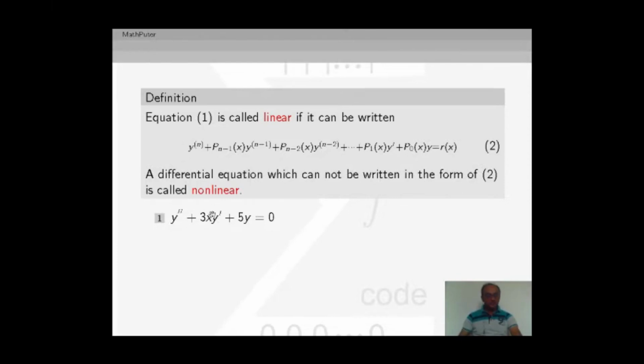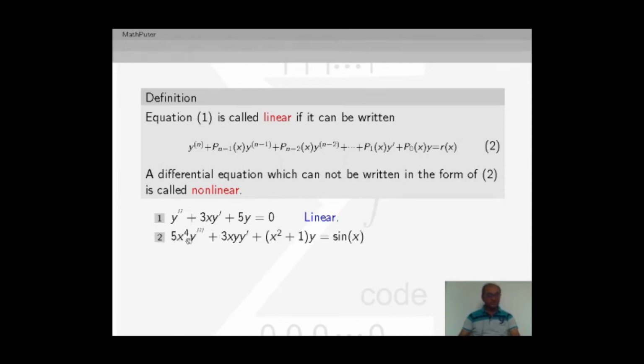Then y dash: the coefficient of y dash is 3x, which contains only variable x. Then y has the coefficient 5, which is a constant function, equal to 0. So this differential equation is in this form. So this is a linear form. This is known as a linear differential equation of order 2.